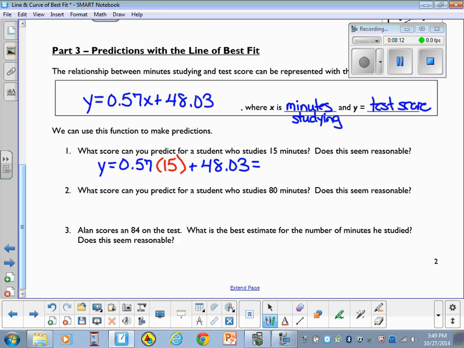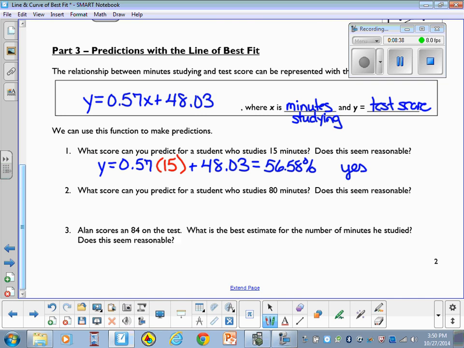Let's see. 0.57, I'm using my handheld calculator, times 15 plus 48.03. And that gives us a test score of about 56.58. That seem reasonable to you? Yeah, it seems reasonable to me. If you only put in 15 minutes, you're not going to do very well.